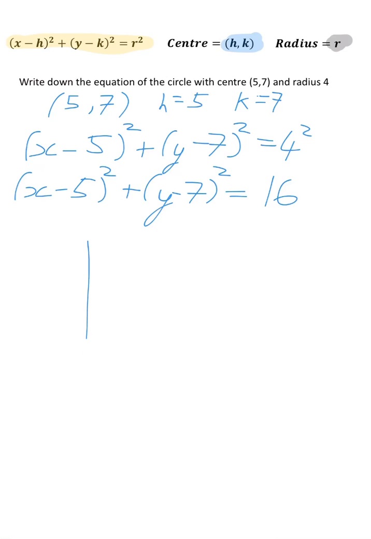How this would look graphically, your center would be around here at (5, 7), and then you'll have a radius of 4. Obviously that's drawn poorly, so that's just a general idea of how it would look.